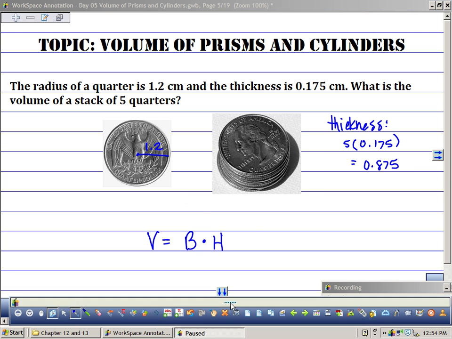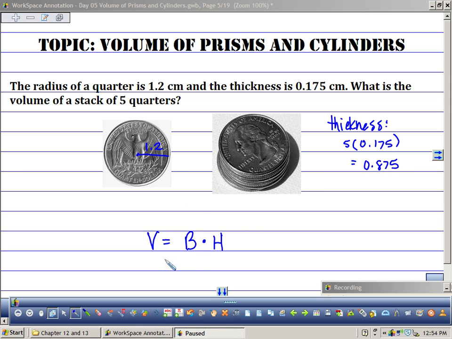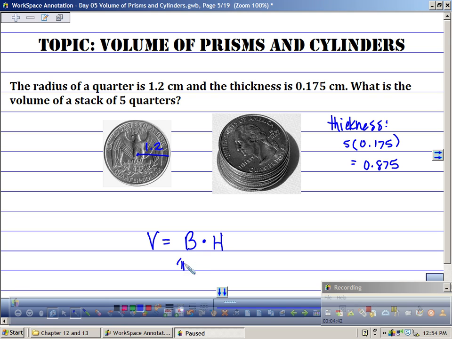So in order to find the volume of these 5 quarters, I would just say, well, what is the base area of a circle? Pi r squared. And we already know the height, because we just multiplied it by the thickness, right?